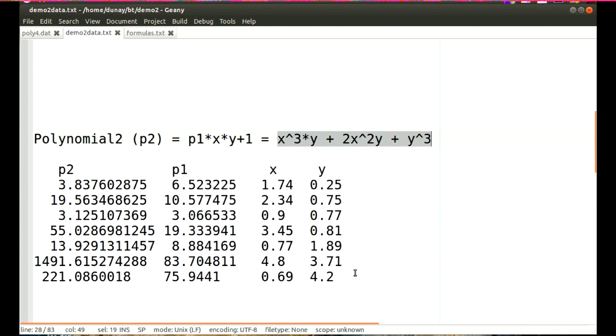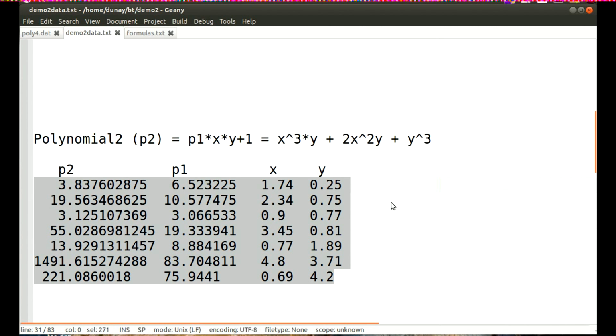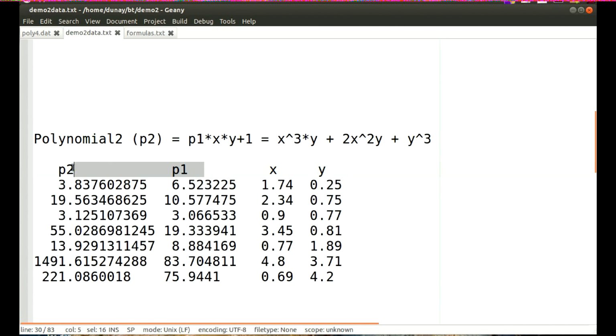You can see how quickly our problems get complicated by multiplying polynomials together. Our very simple training case becomes the following data set. Notice the outputs P2 and P1 are preceding the inputs x and y.